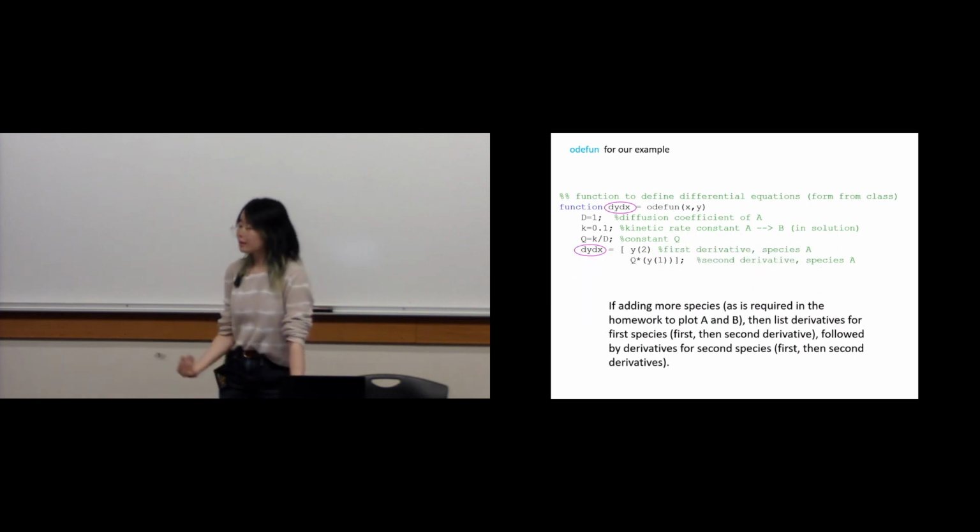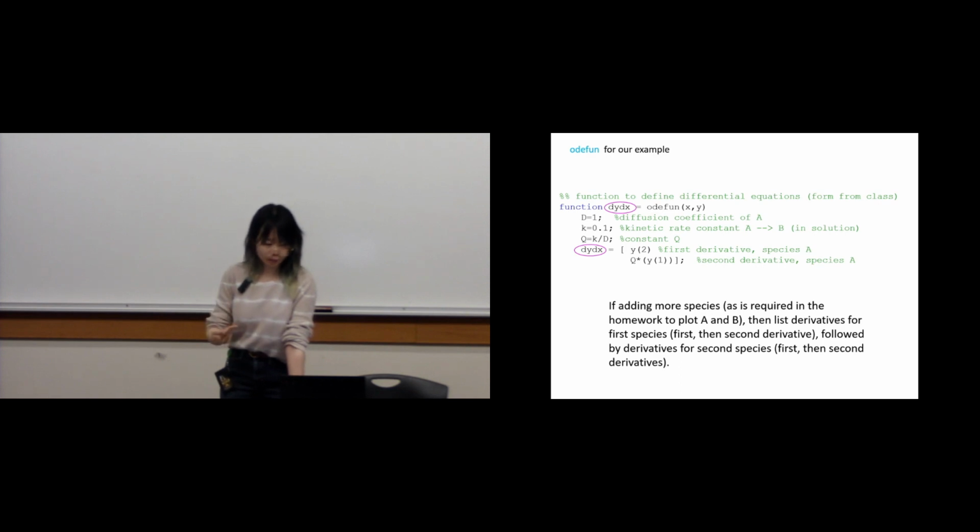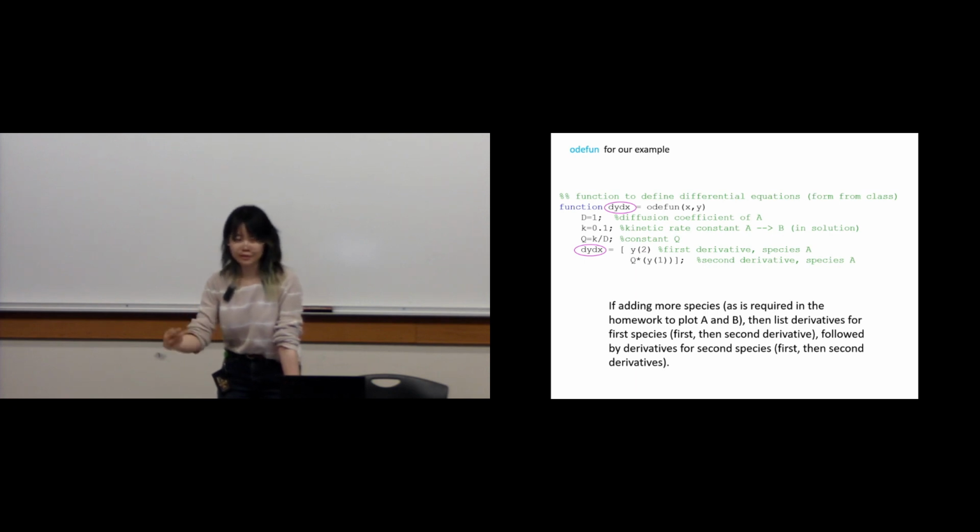So the thing is, this is where the syntax is going to matter a lot. In here, for species A, we only have the second derivative written as I said, the two first derivative equations. When we have, for example, two species, that means you're going to have to write two first derivative equations for both those species. So that would be 4 equations in that array.